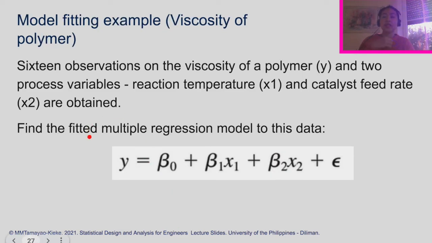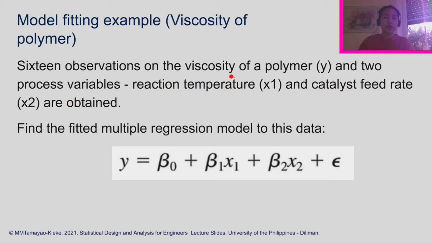So now let's look at several examples on model fitting. Let's first look at the viscosity of a polymer example. Suppose you have 16 observations on the viscosity of a polymer Y, and two process variables, reaction temperature x sub 1 and catalyst feed rate x sub 2.